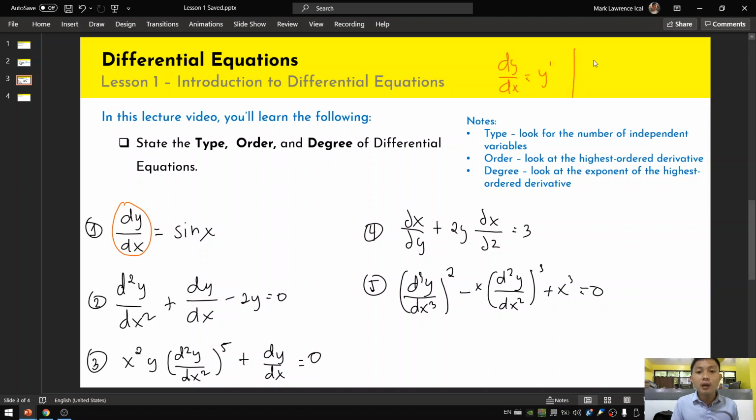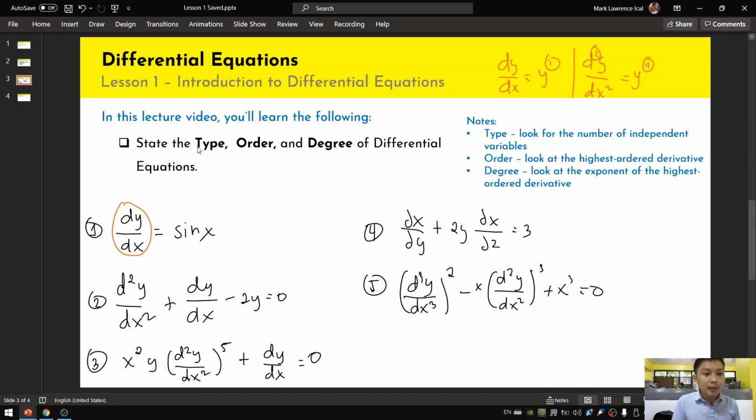Okay, and if you see d squared y over dx squared, that is equivalent to y double prime. So that's all you need to remember.